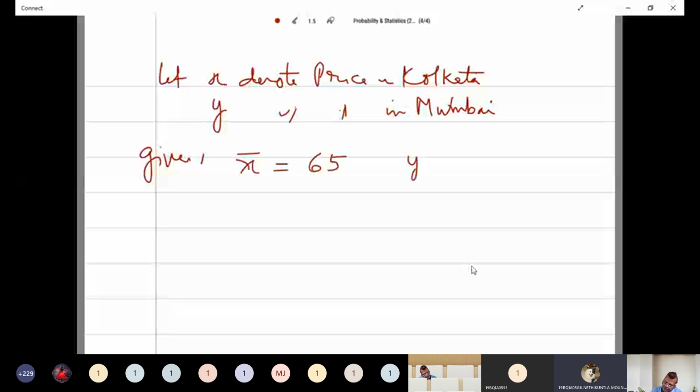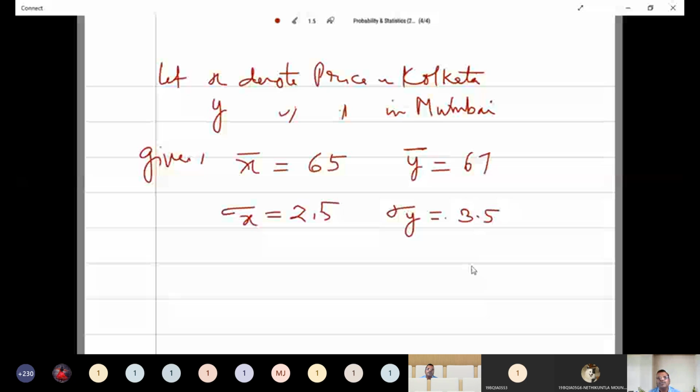In Mumbai it is 67. The standard deviation sigma x is 2.5, and sigma y is 3.5. Okay. Now we need to find the equation of the regression line y on x.